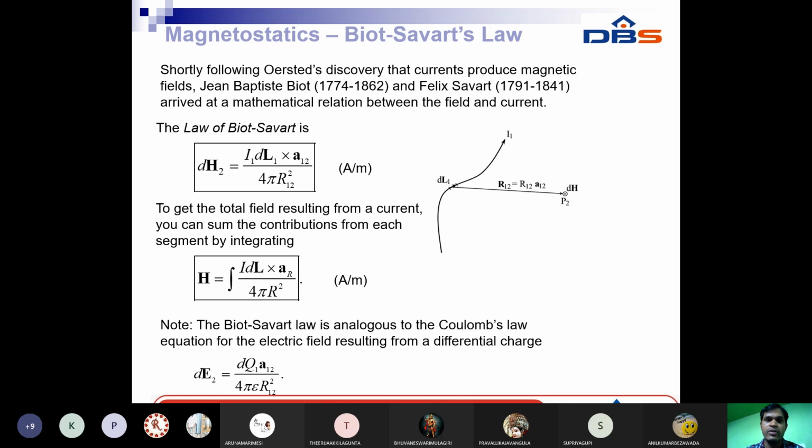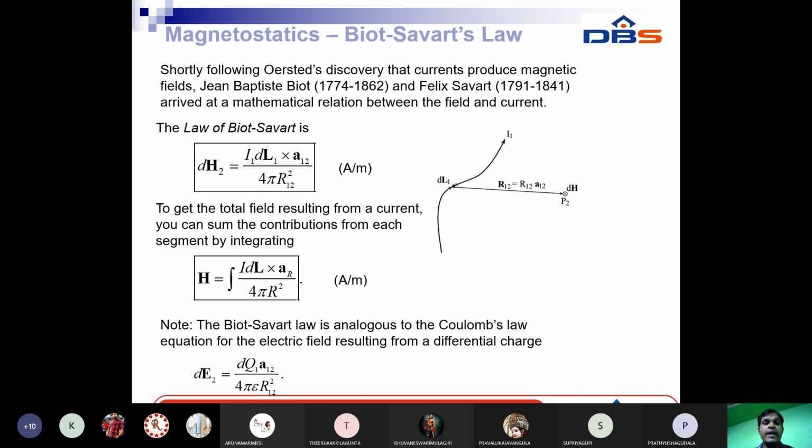We find that with the help of the Biot-Savart law. According to it, the field intensity is directly proportional to the current and differential length, I dl, and inversely proportional to the square of the distance between the current element and the point P, and also to sine theta. This is the vector equation.